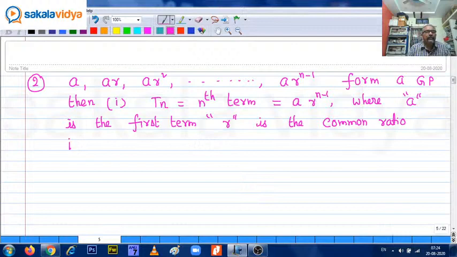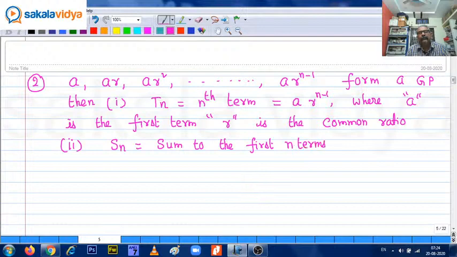Second point, in this subpoint we shall discuss sum to n terms. Sum to the first n terms is equal to a times (r to the power of n minus 1) by (r minus 1), here r greater than 1.